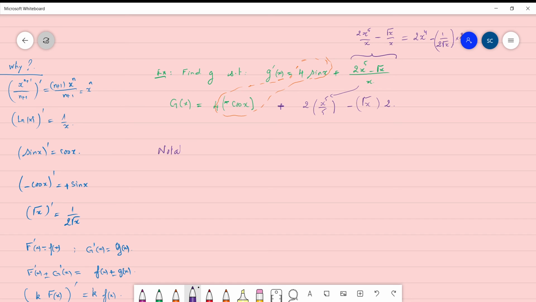Here is a practical notation. Instead of writing capital F when speaking about the antiderivative, usually we denote it like that. Sometimes we specifically show the variable, just to say the dependence of F on the variable x, or sometimes without, if there is no confusion.